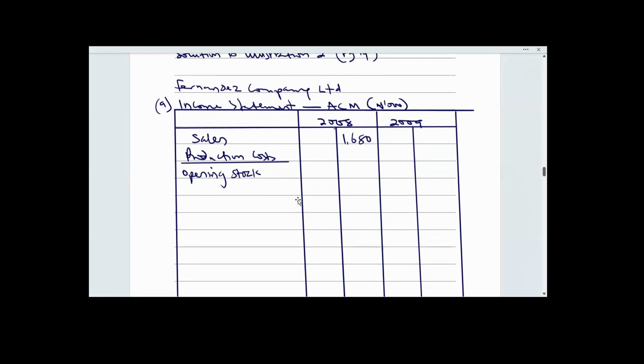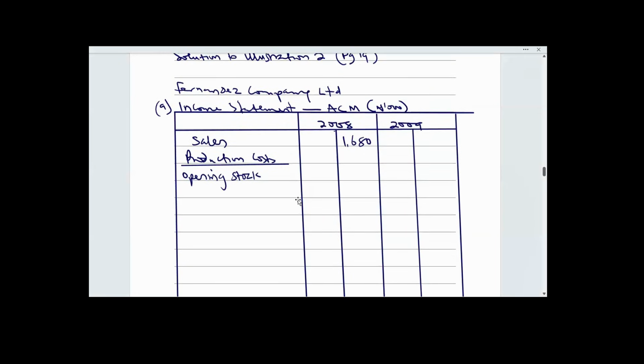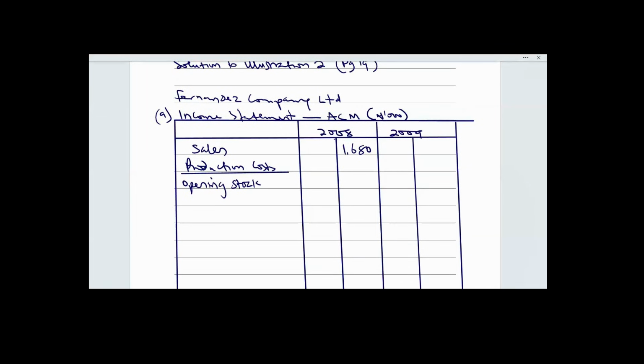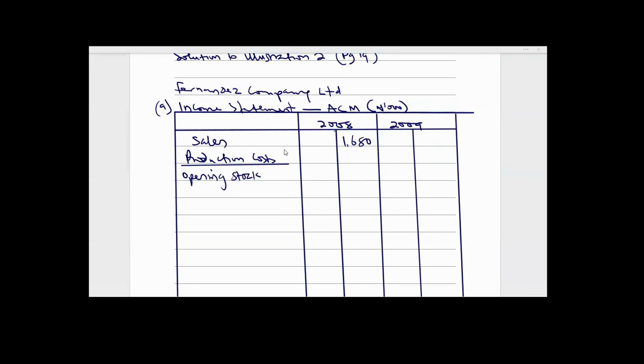Because we are using absorption costing, this will be 28,000 units multiplied by the total cost per unit, which is 7 naira 30 kobo according to the question. Let me go and do the working: opening stock, working number 1, then 2, 3 and 4.